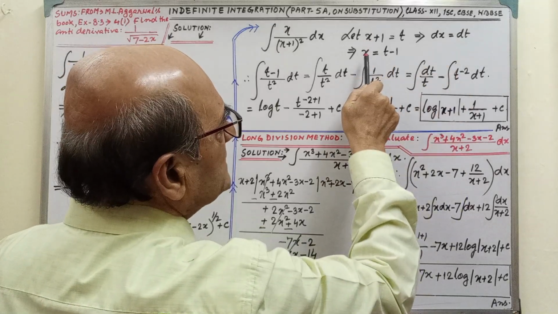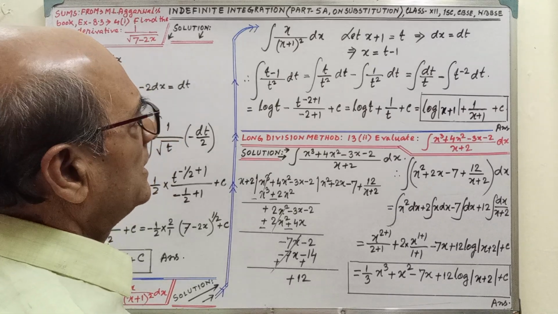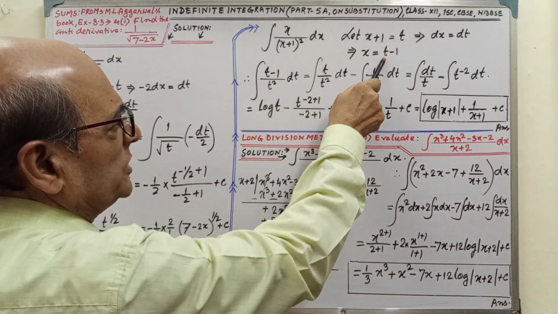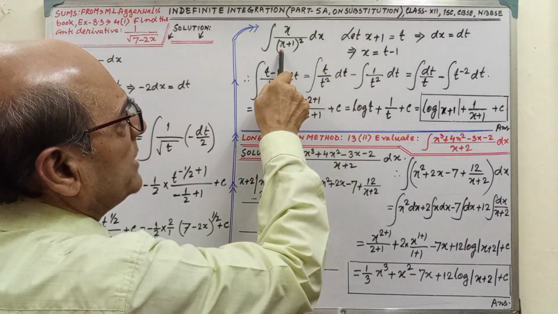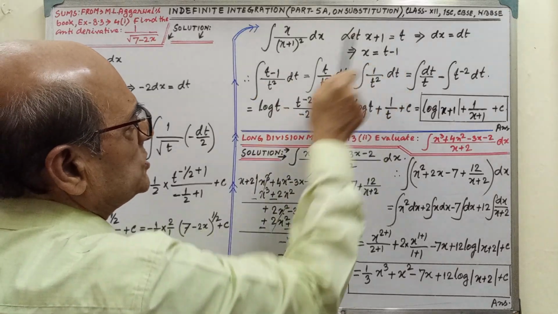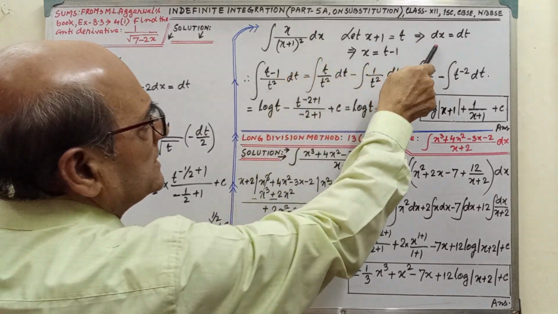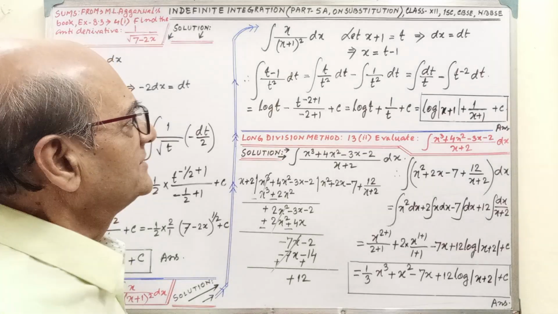Now x equals t minus 1. In place of x, we have to substitute t minus 1, and in place of x plus 1 whole square, that is t square, and in place of dx equal to dt. I think it is clear.